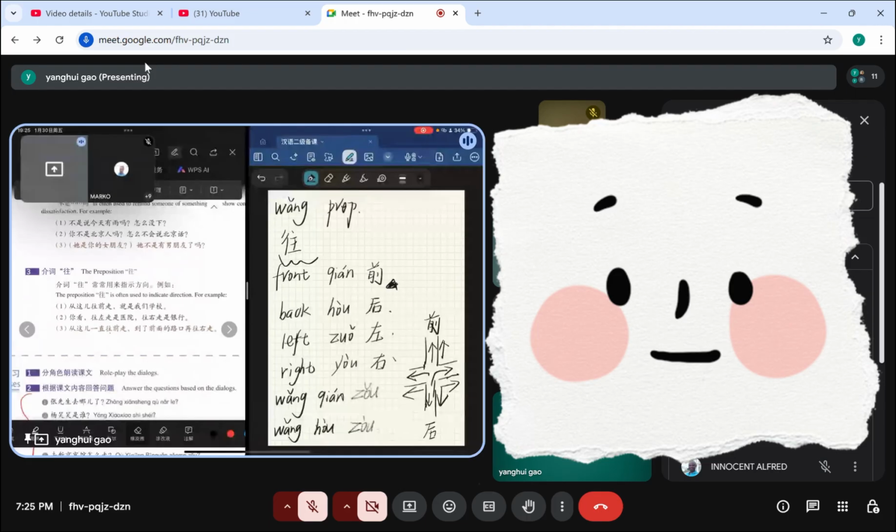And sometimes we add the 走 at the end of the phrase. We say 往前走. Here 走 you can understand as you move. And 往后走, go backward. And 往左走 and 往右走, okay.